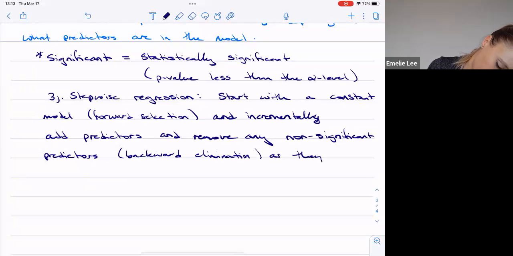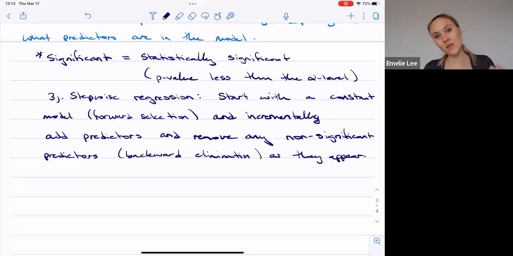So it depends on what predictors are in there already. Of course there are ifs and buts.